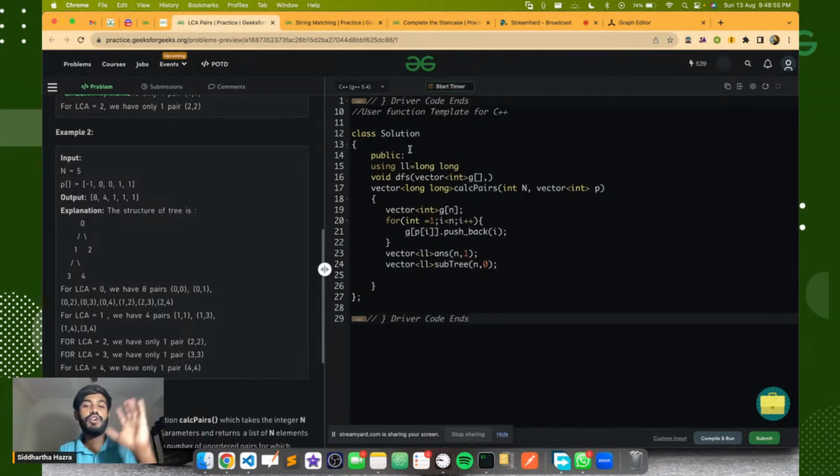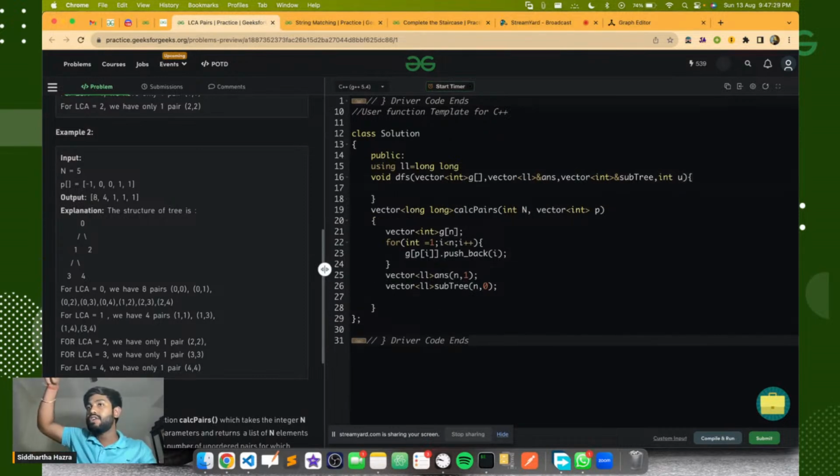Okay, then we would draw a DFS function. So in the DFS function, what all things would we have? We would have the graph itself. Then we would have something like vector int long passed by reference, the answer. We would have vector int, and the subtree size, passed by reference, and then we would have an int for the particular value.